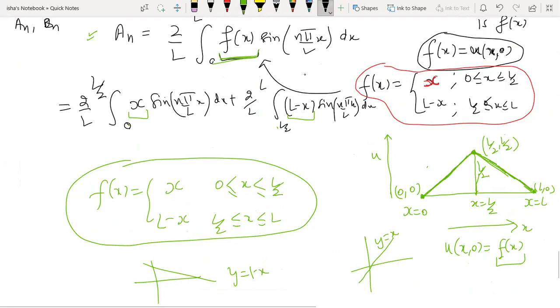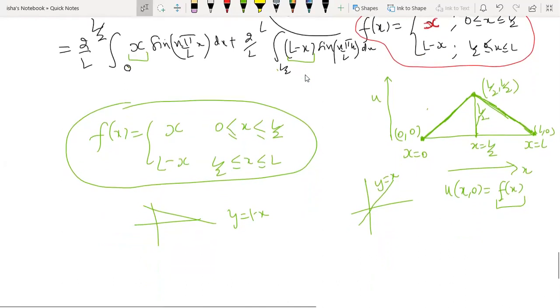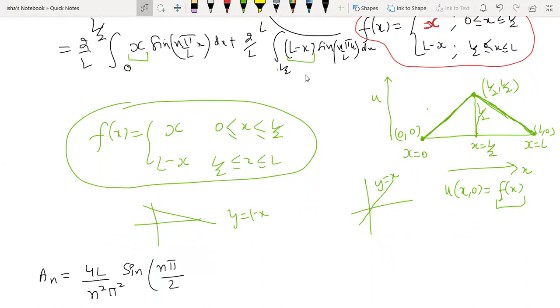So let me just continue with the mathematical calculation. This integration, which is given to you in two parts, I'm directly writing the value which I will be getting: 4L by n square pi square sine n pi by 2. So this is what you will be getting after solving this integral. The calculation is a little lengthier.